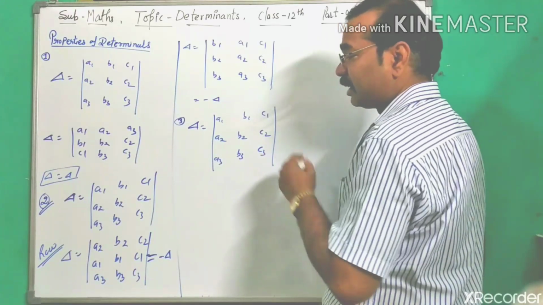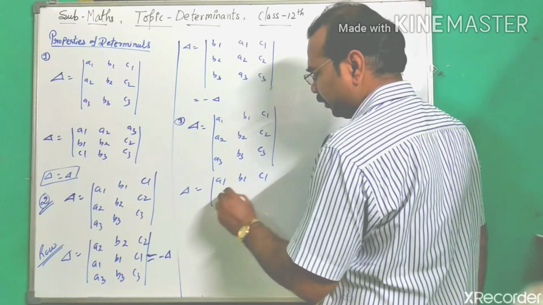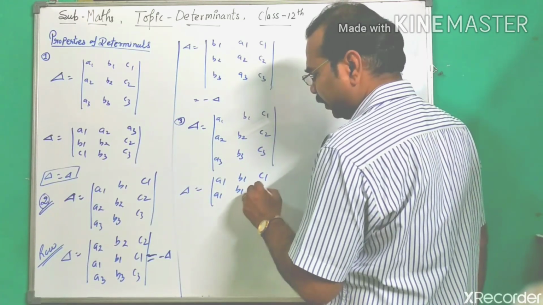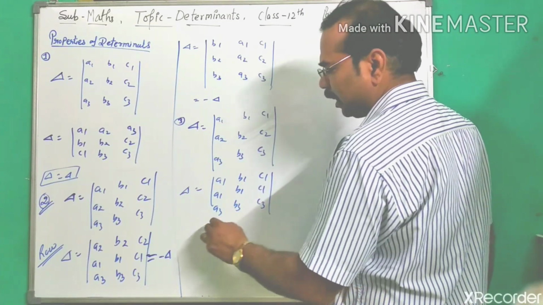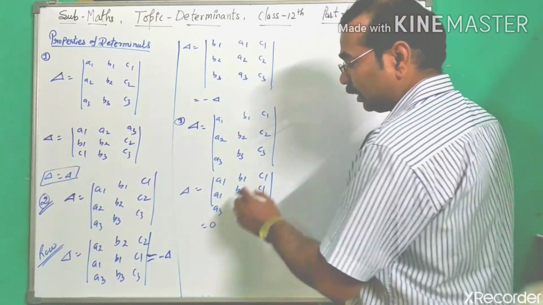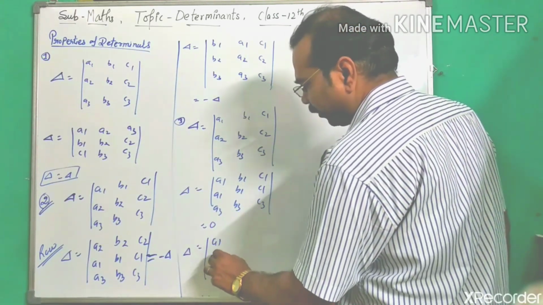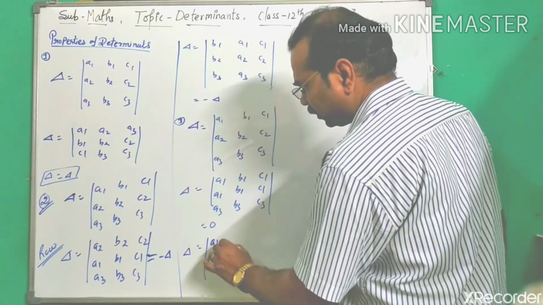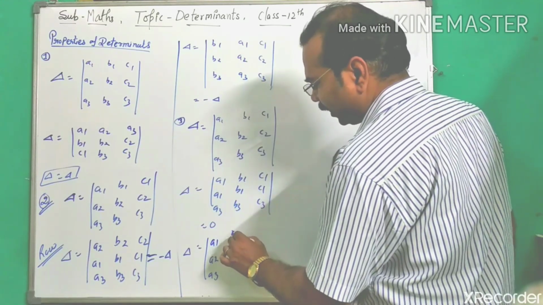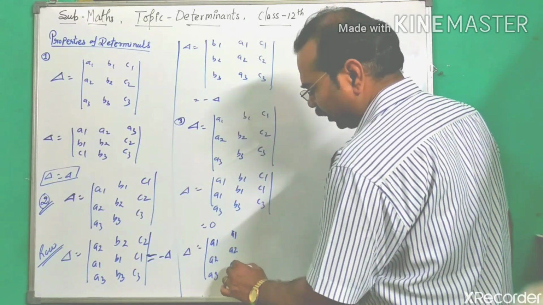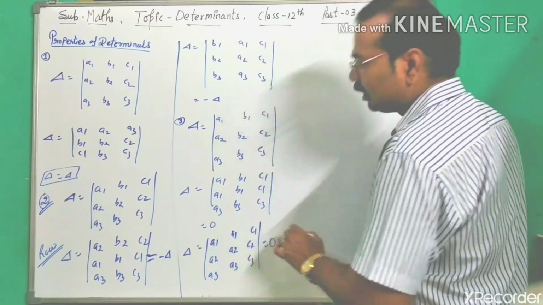Suppose the rows are A1, B1, C1, and again A1, B1, C1, and A3, B3, C3. This value comes to 0, because two rows are equal. Or we can say two columns are equal. It means the columns are A1, A2, A3, again A1, A2, A3, and C1, C2, C3. That value comes to 0.